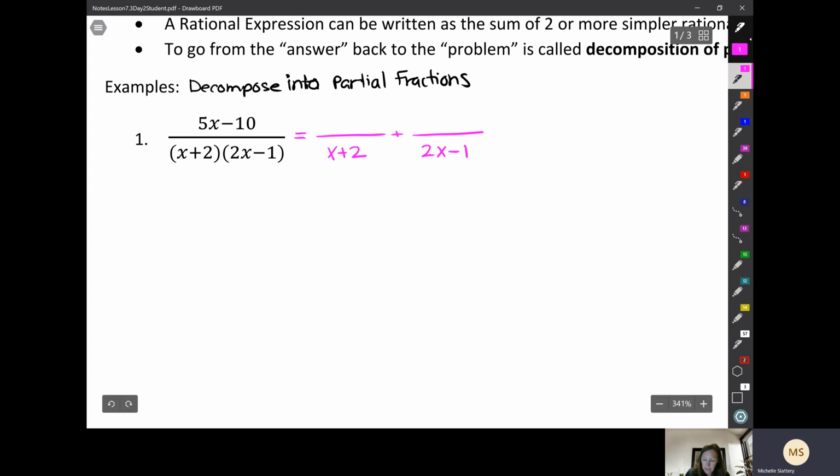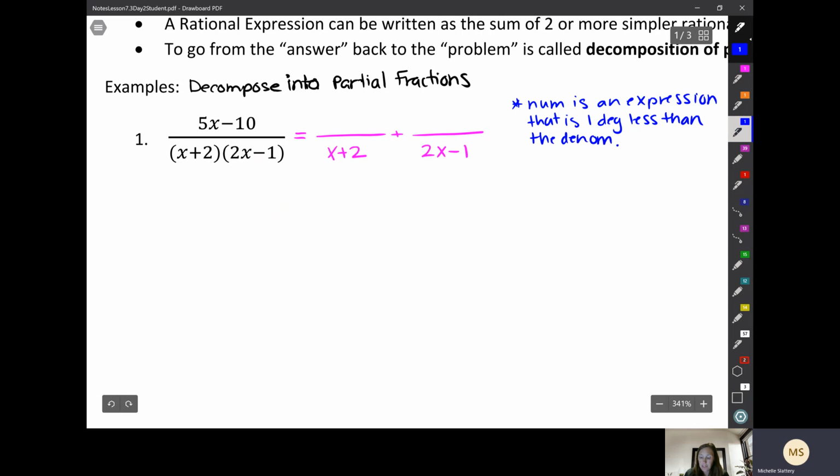And then I put 2x minus 1 as my second one. Now I have to figure out the numerators. The numerator is an expression that is 1 degree less than the denominator.